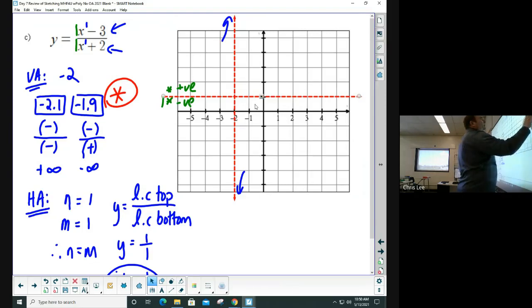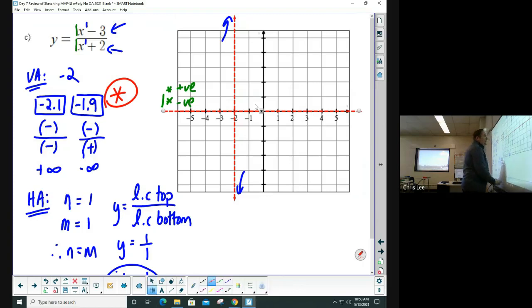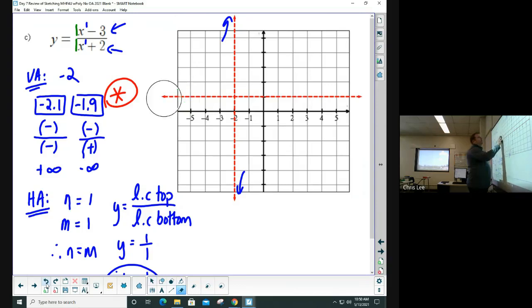So when this asymptote was at 0, we could look and say, you know what? If it's positive, it's above, and if it's negative, it's below. But when it's not at 0, we couldn't do that. And so we would just have to move on to the next step. So I'll just make note of this.